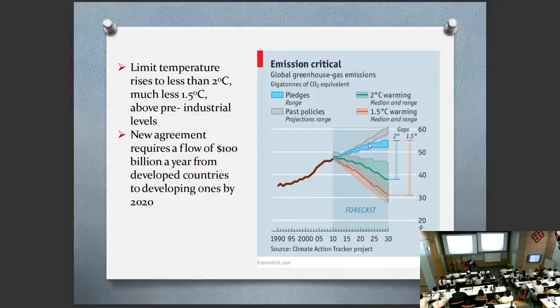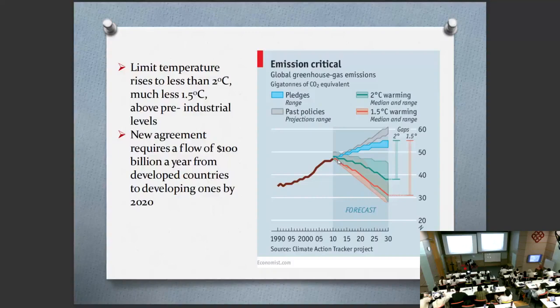So if we follow the pledge of the Paris Agreement, then we are still within the 2-degree gap. So the temperature may still rise up to 2 degrees above the pre-industrial level.